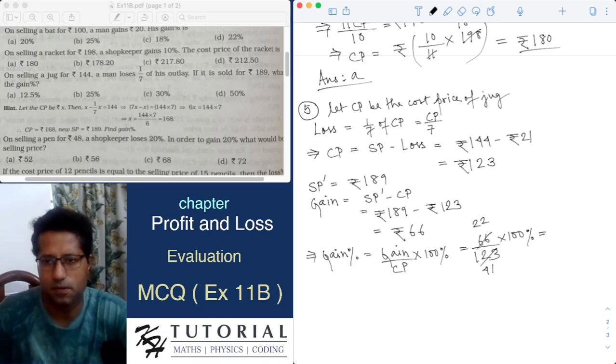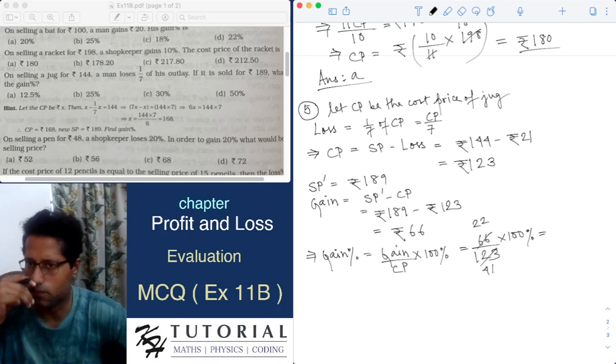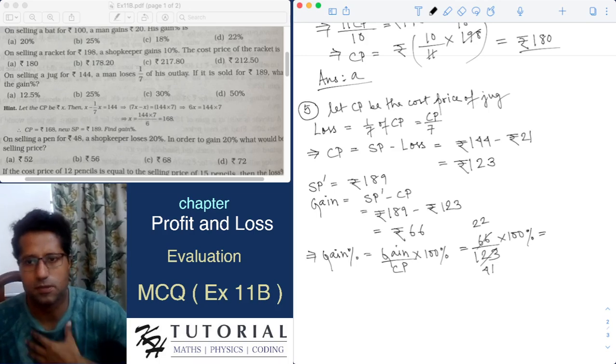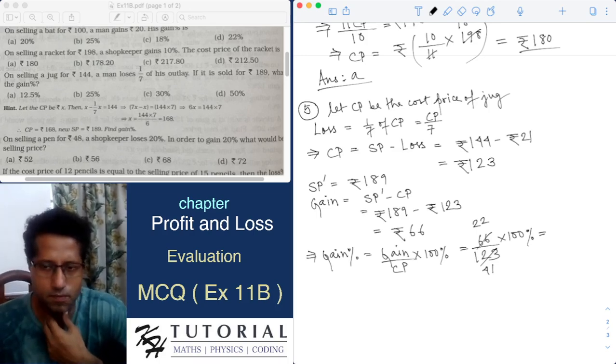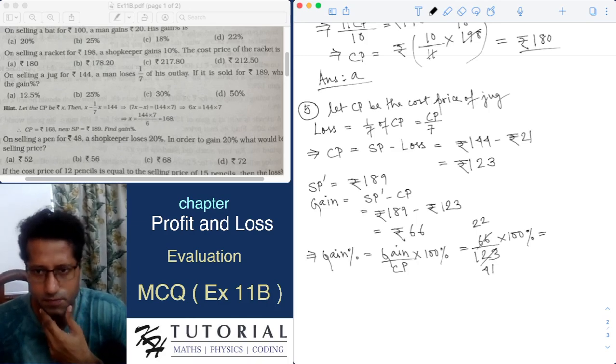We have assumed CP to be the cost price. Then loss is 1/7 of CP, which is CP by 7. This implies the cost price will be SP minus loss.